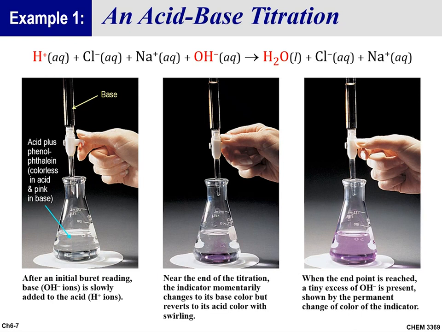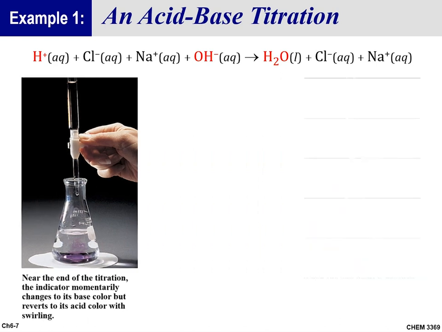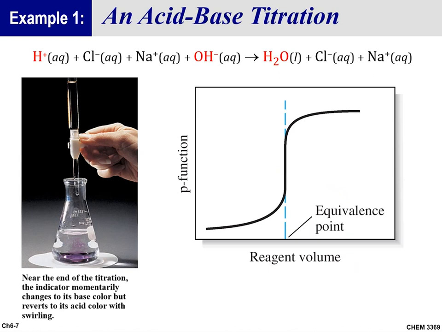But you remember from the previous slide that the titration curve shows that when we are close to the equivalence point, the pH can change by 4 up to 5 pH units upon adding less than 1/10 of a milliliter.